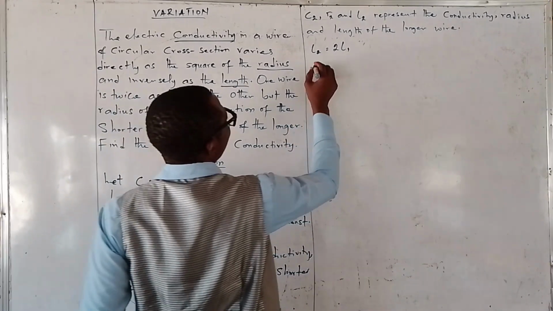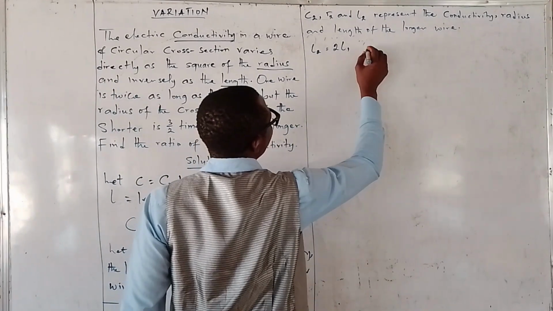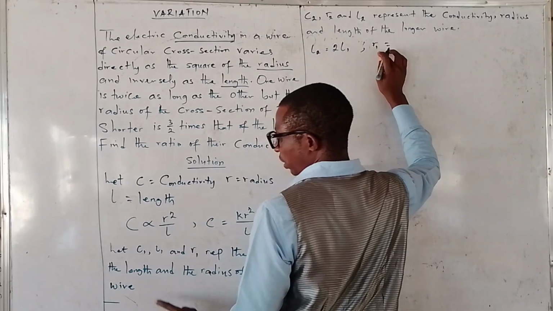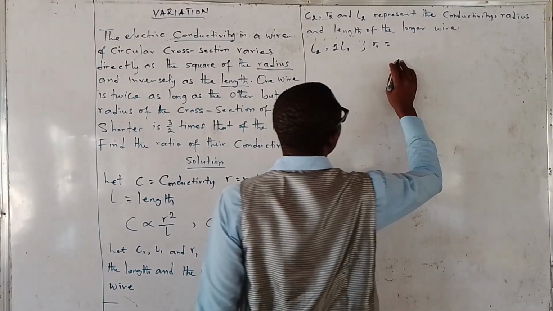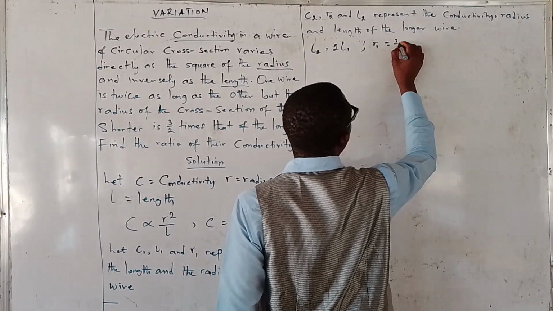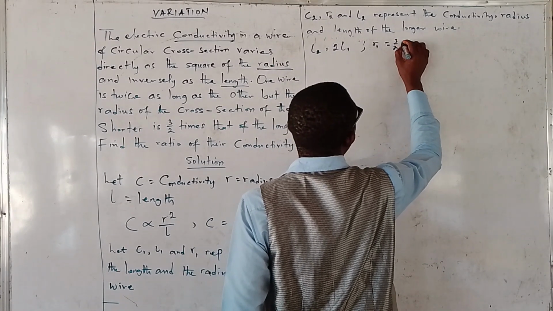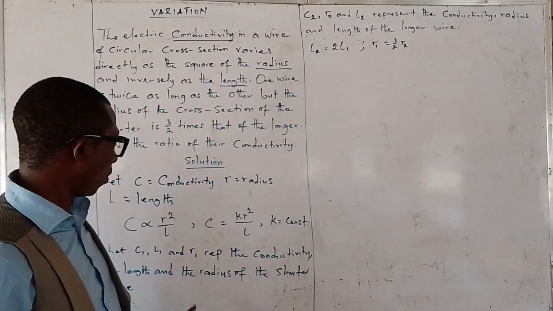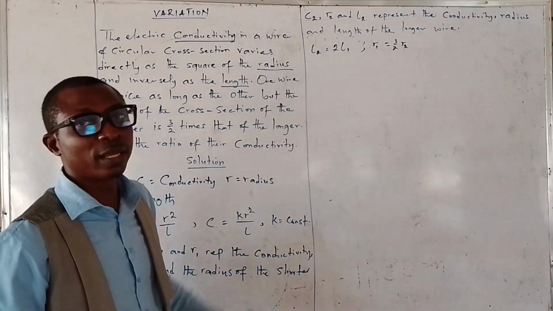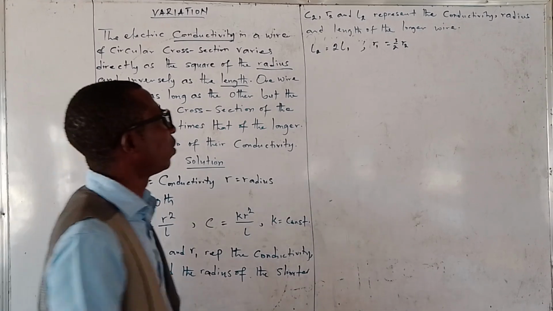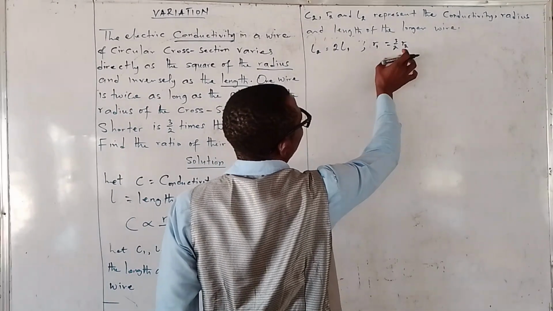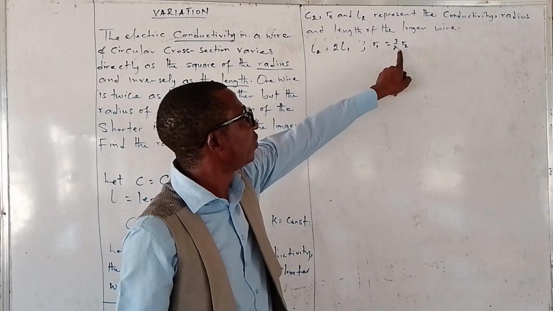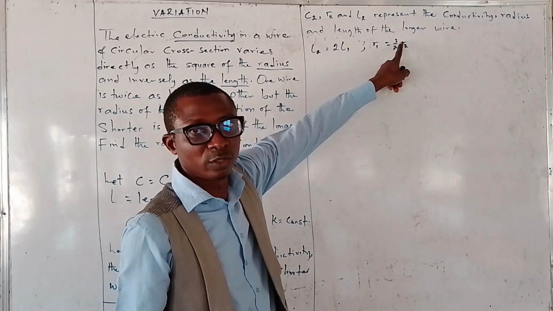The radius of the shorter, that is R1, is equal to 3/2 times the radius of the longer. Now I can make R2 the subject of the formula, so I will divide both sides by 3/2.